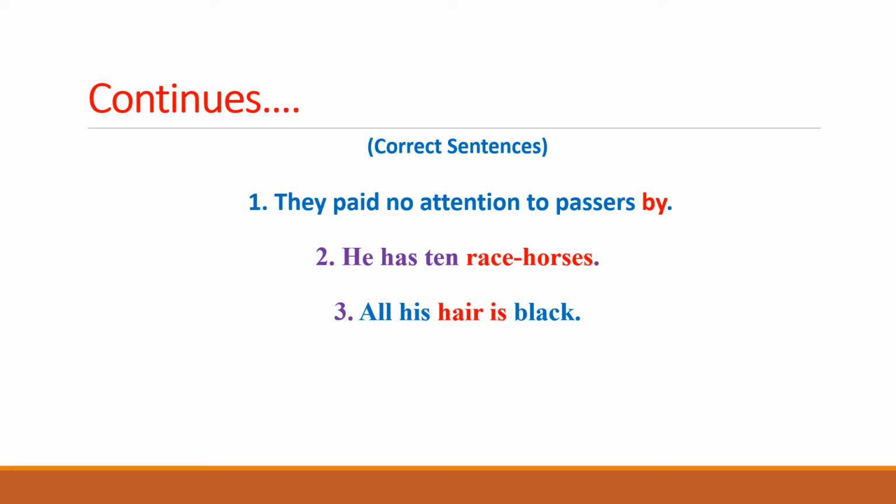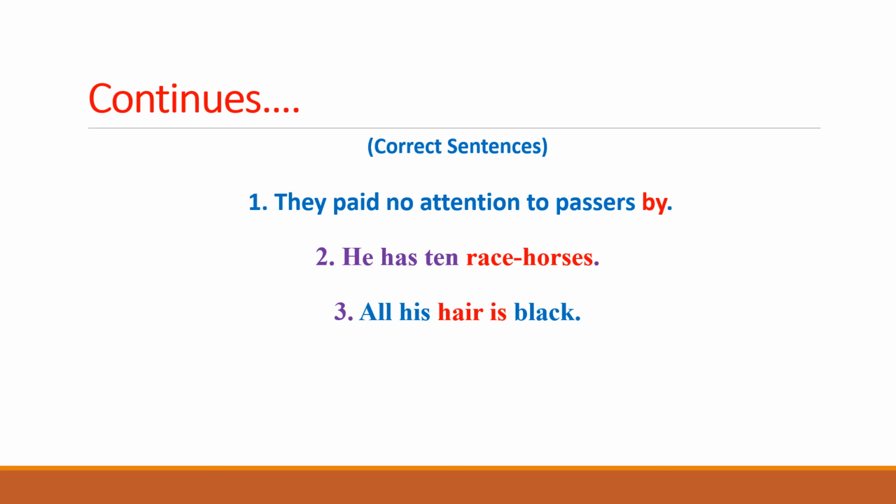Similarly, he has 10 race horses, not races horse. Why? Because the main word for making it plural is horse. So we have to make the plural of horse, that is horses, not races. So he has 10 race horses is the correct expression for that sentence.